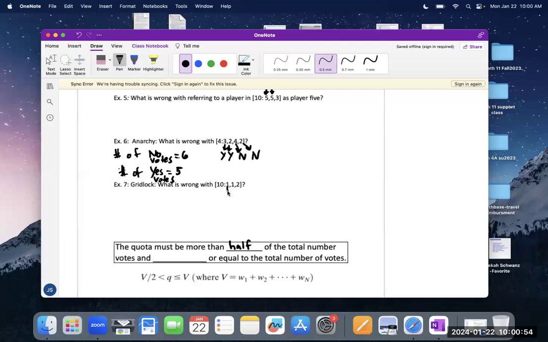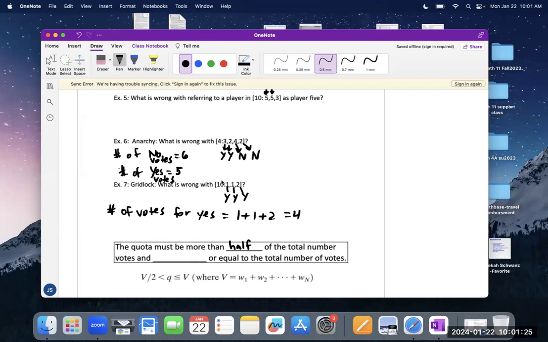So if the first player votes yes on a motion and the second player votes yes and the third player votes yes, then we add up all of their votes, the number of votes for yes. It's 1 plus 1 plus 2. Well, that's 4, and that's not enough to pass any motions.